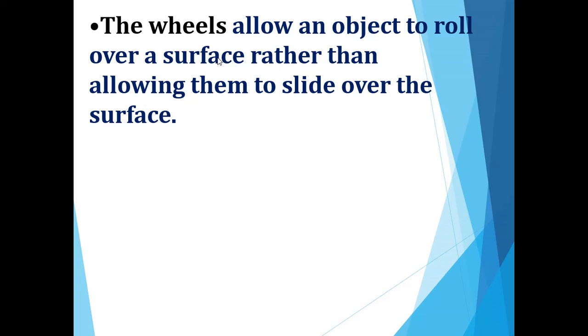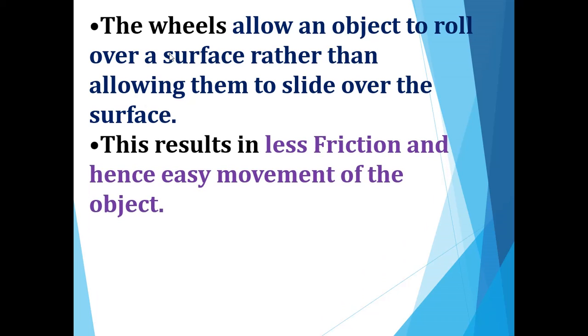Because of the presence of wheels, an object can roll over a surface, which is easier for moving the object than sliding over the surface. This results in less friction.